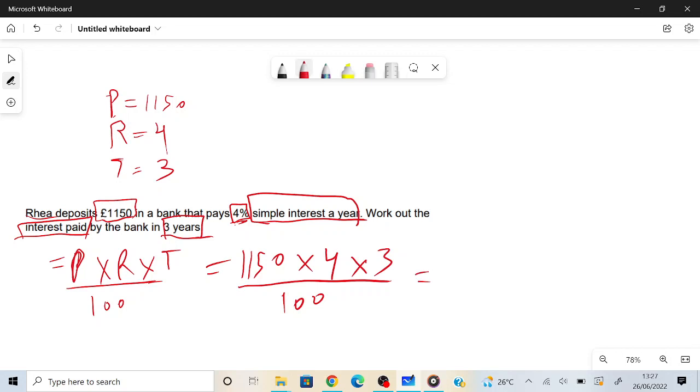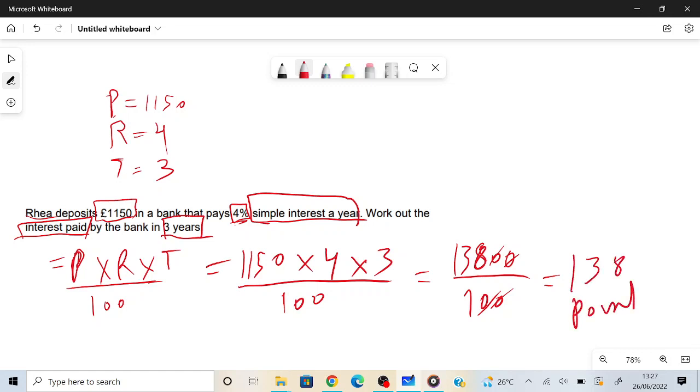So you will now have 13,800 over 100. And doing this, we know that these two zeros will cancel these out. We have 138 over 1. This is simply 138 pounds.